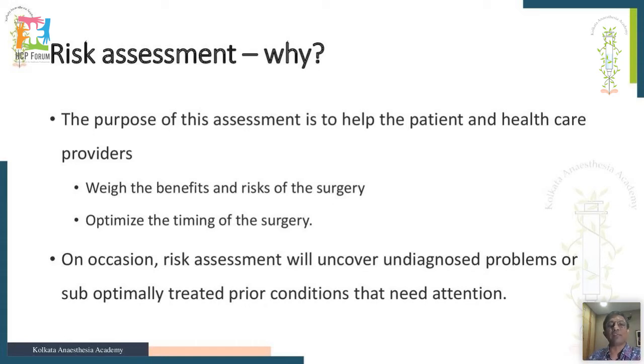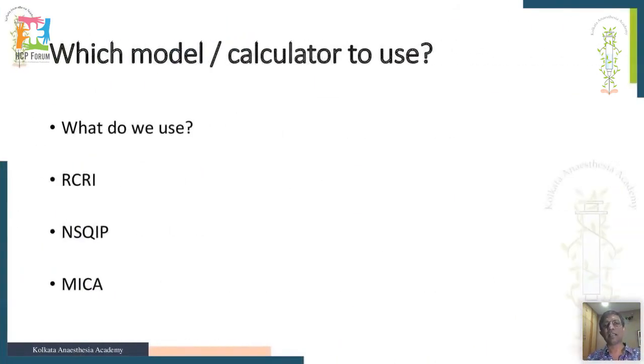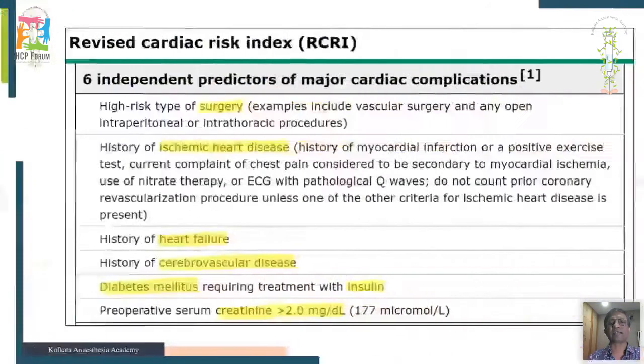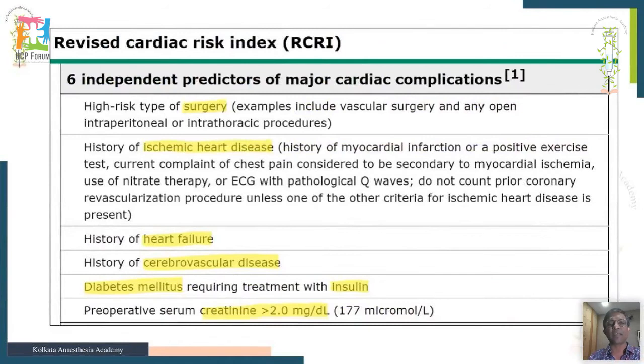At the same time, this risk assessment might uncover undiagnosed problems or suboptimally treated prior conditions that need attention. And these risk calculators, just look at Lee's Revised Cardiac Risk Index. The 6 factors in that, I'm coming back to this: the type of surgery, history of ischemic heart disease, history of heart failure, history of cerebrovascular disease, diabetes requiring insulin.